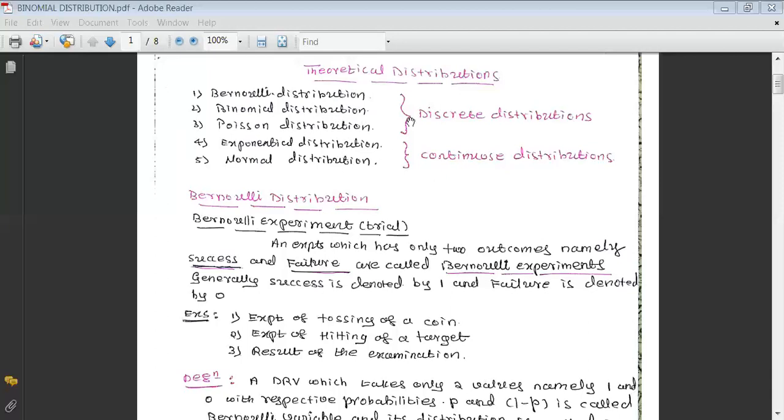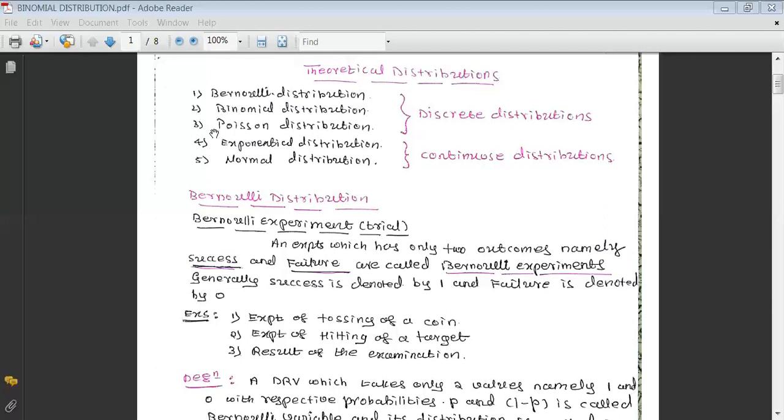Out of these five, the first three distributions are discrete distributions, whereas the last two distributions are continuous probability distributions. Now, how are they categorized? Why do we call these discrete and those continuous? That all depends on the nature of the variable underlying in those distributions.